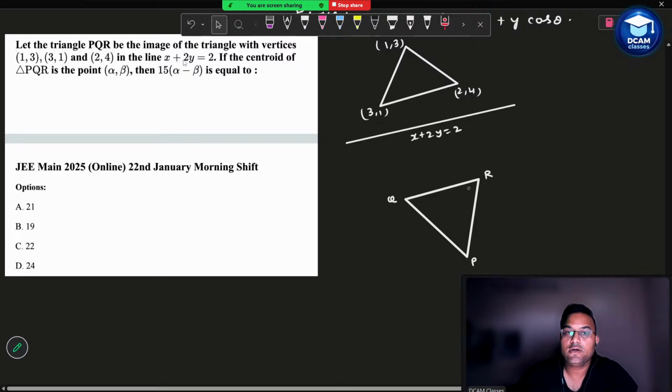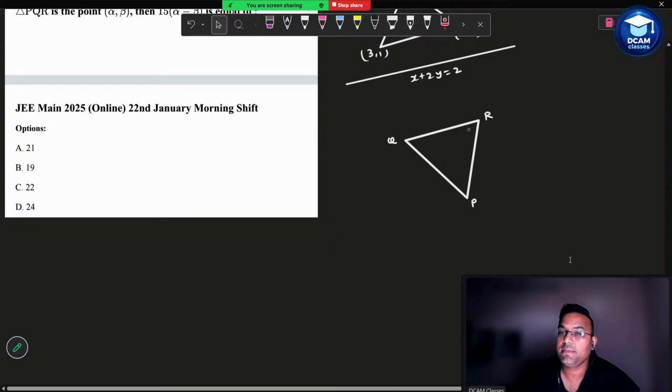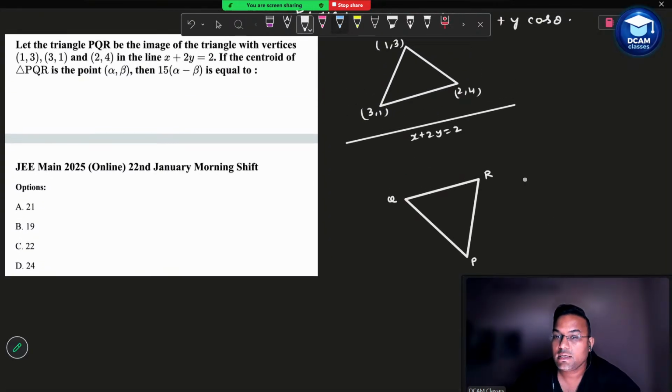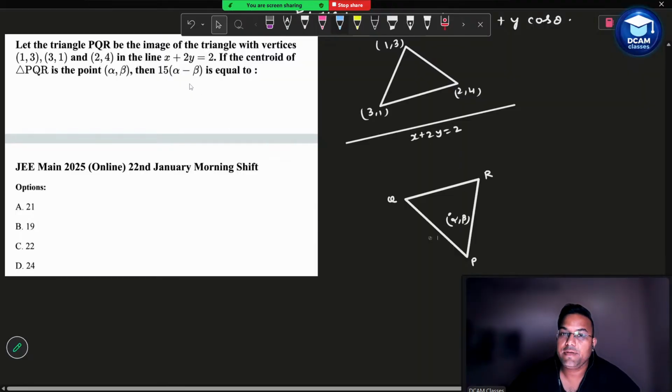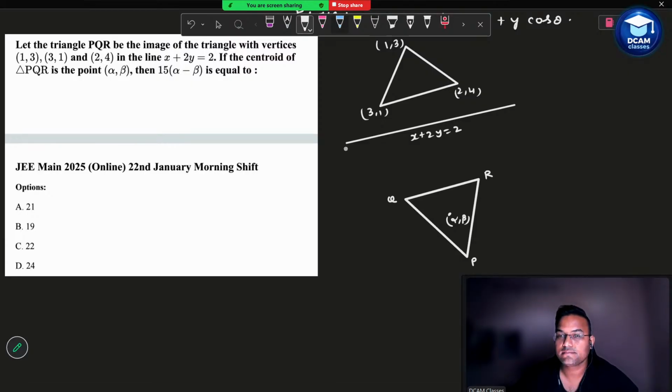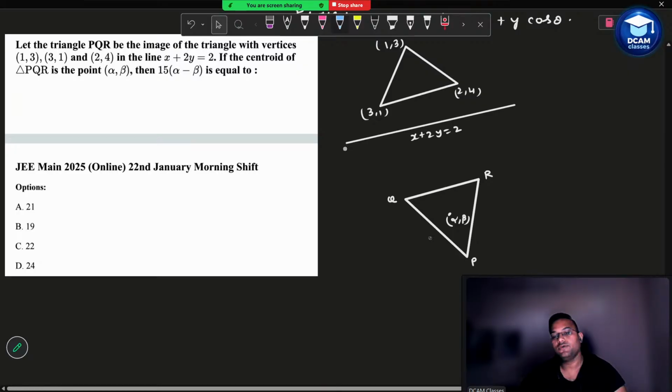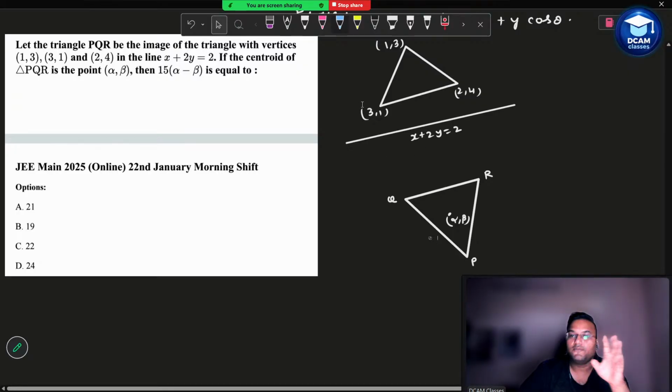If the centroid of PQR is at alpha, beta, now the triangle which you have found out as the image, this is the mirror image, the PQR. For this, the centroid is alpha comma beta. Then 15 into alpha minus beta is what they are asking. Basically, I'm giving you the idea. For each point with respect to the line, you have to find out the mirror image.